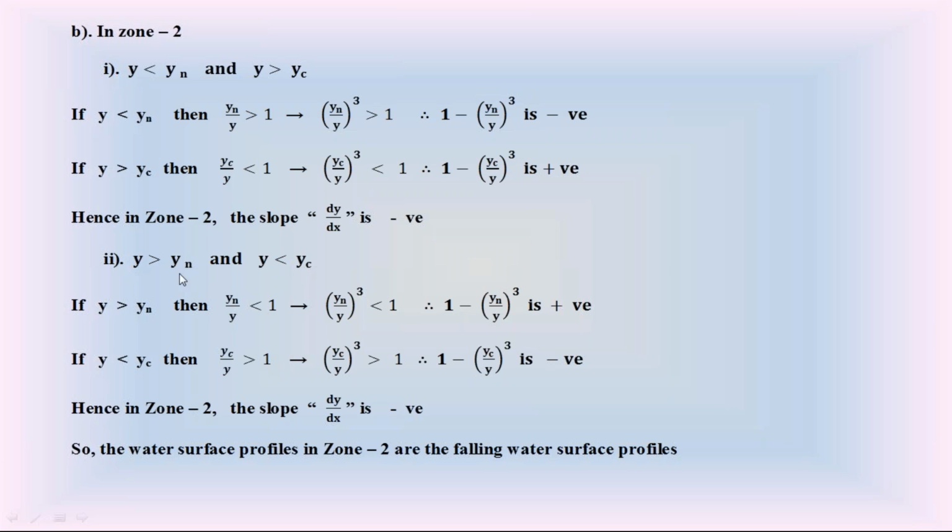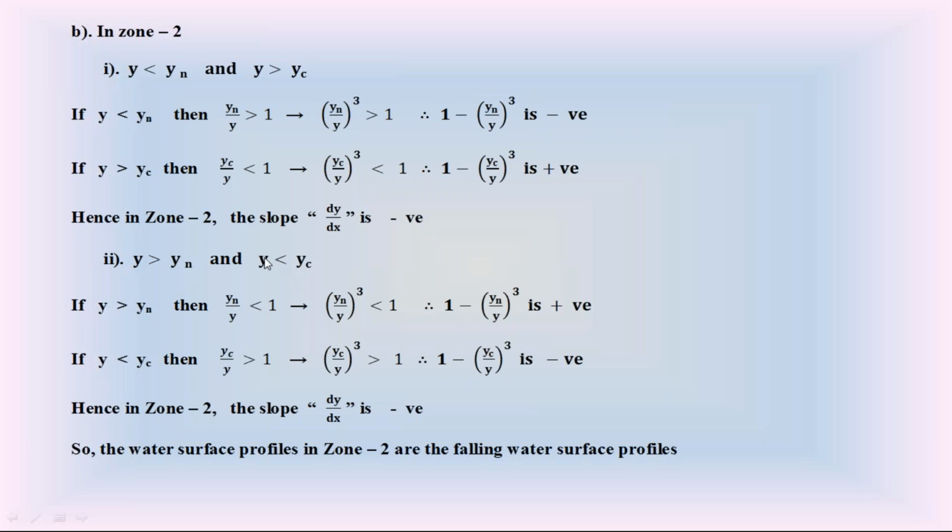Now if the depth of flow is greater than normal depth yn, yn by y is less than 1, so yn by y whole cube is less than 1, so 1 minus yn by y whole cube is positive. In the slope dy by dx, this is the numerator.